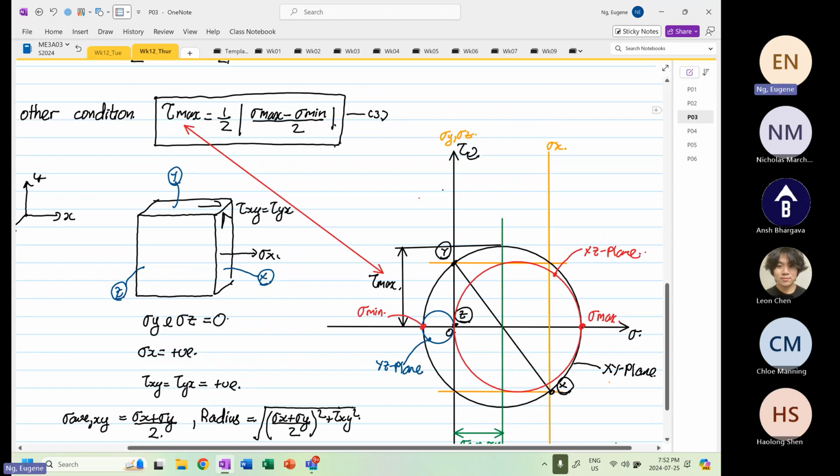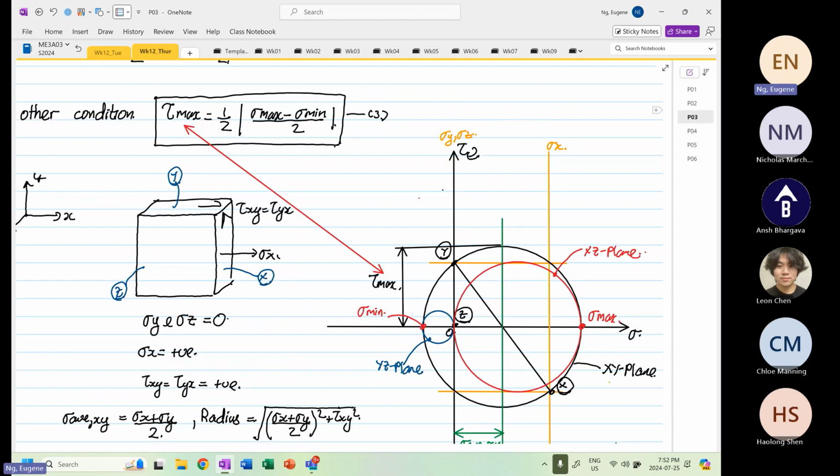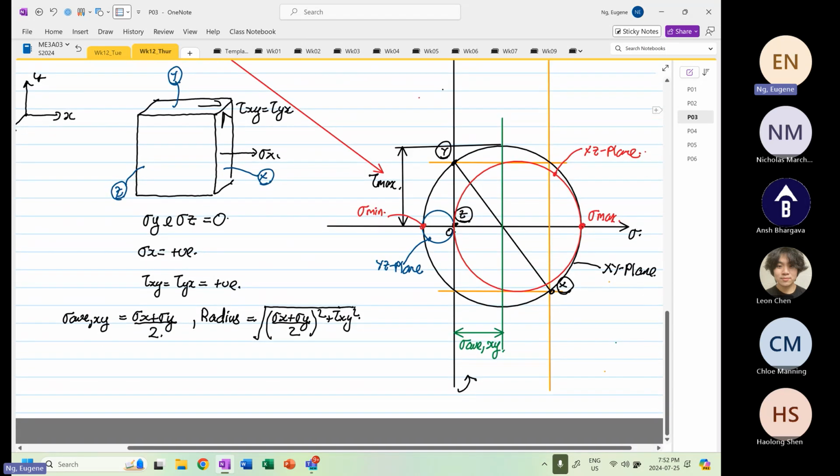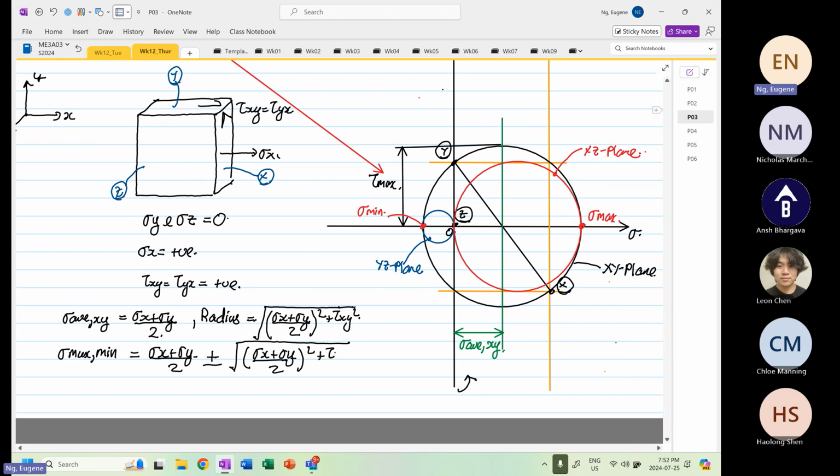So if we look at this one, right, stress mean is not equal to 0 now, okay? So it's not difficult to calculate. So we know that stress max and mean is basically equal to the stress average plus minus, right? Maximum is plus, minimum is minus, then the whole thing square root of stress x plus stress y divided by 2 squared plus shear xy squared. Okay.